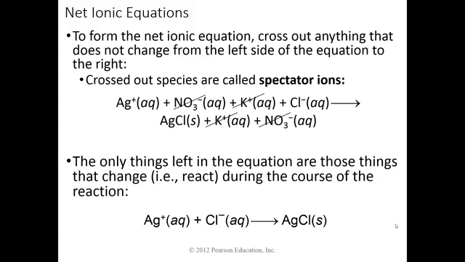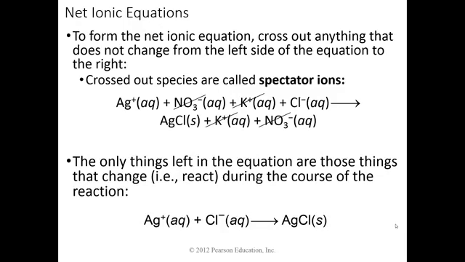These are ions that are found in the solutions above the precipitate. They're very much like spectators at a sporting event. They came to watch the game, they did not come to play. You can apply this process to any precipitation reaction or any other reaction that occurs between two aqueous solutions.